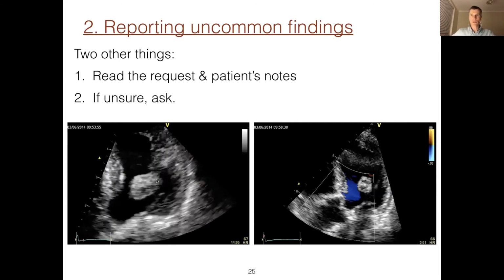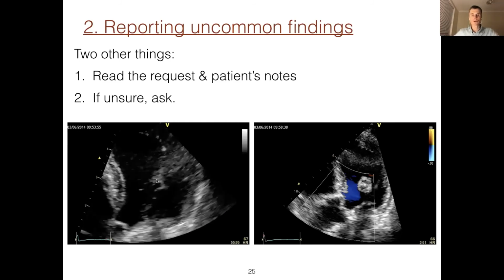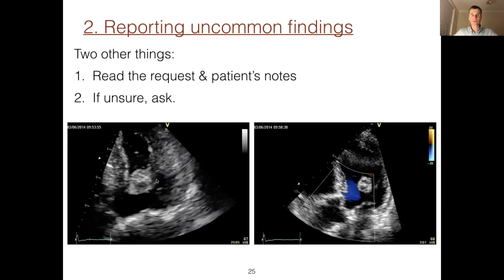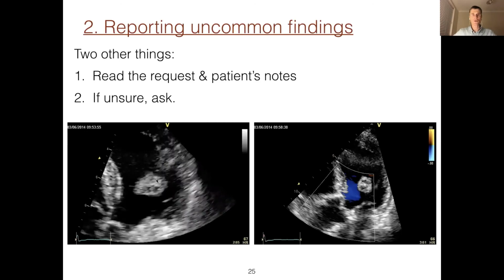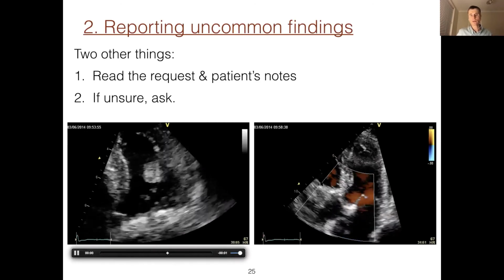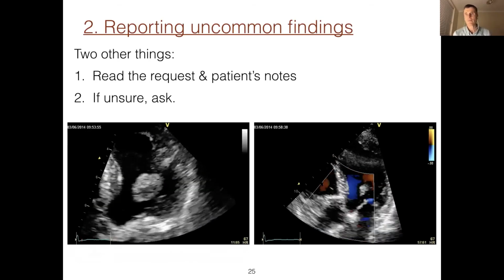It's different if you're in intensive care, or even more different if you're in the emergency room. But if you're in an outpatient clinic and you see something like this, obviously you want to document it as well as you can, and read the patient's notes, because it may have been there for a long time.